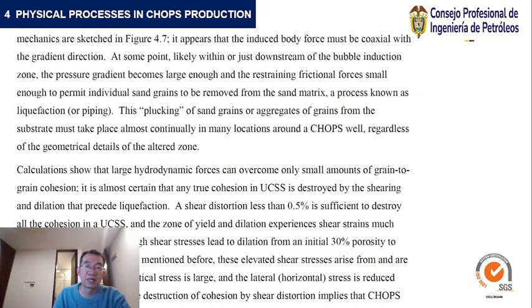This plucking of sand grains, or aggregates of grains, from the substrate must take place almost continually in many locations around the wormhole, regardless of the geometrical details of the inlet zone.